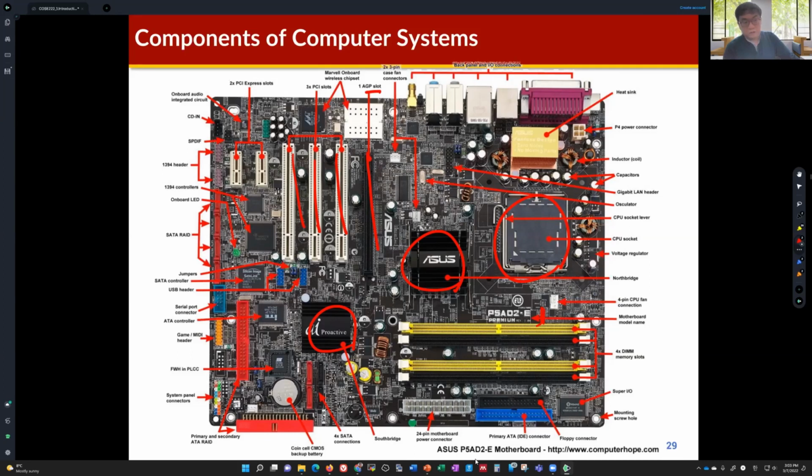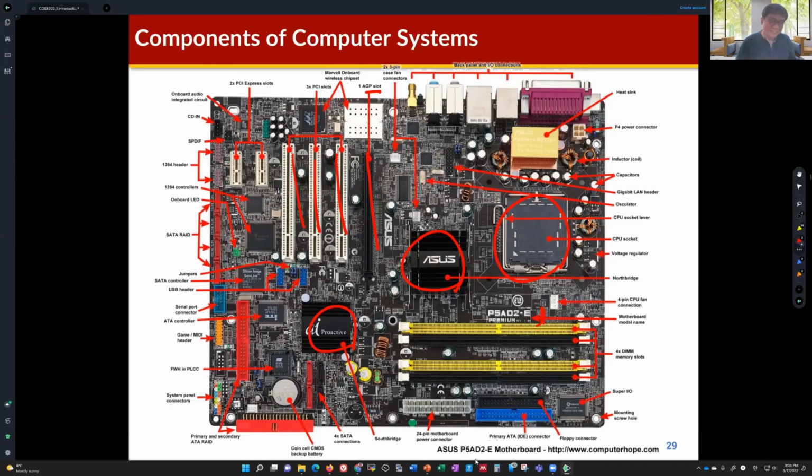Recently we used the PCIe slot, but in the previous generation, we used different kinds of slots, such as the AGP. So many components are connected. It's also complex. It's just the photo.